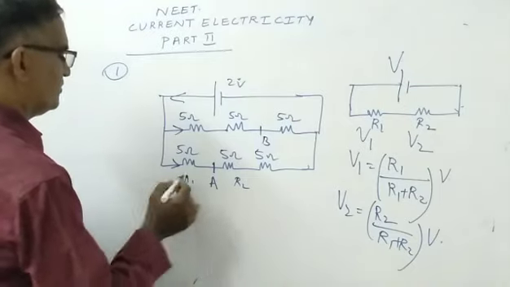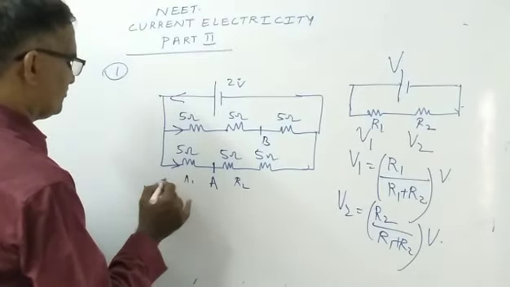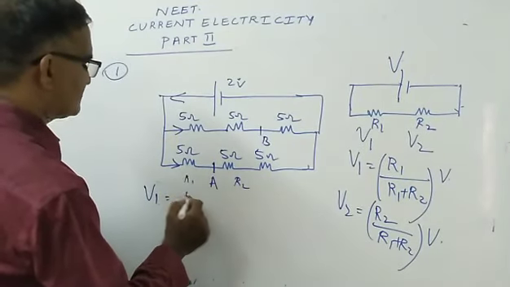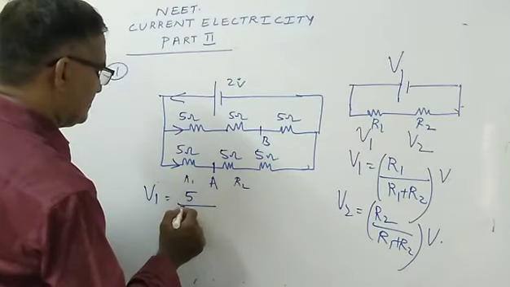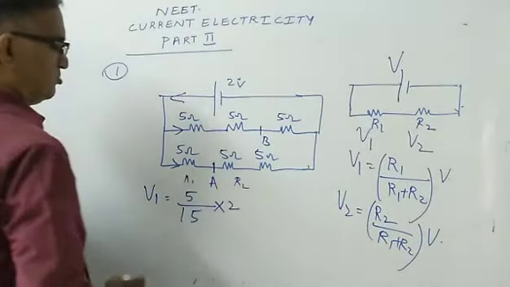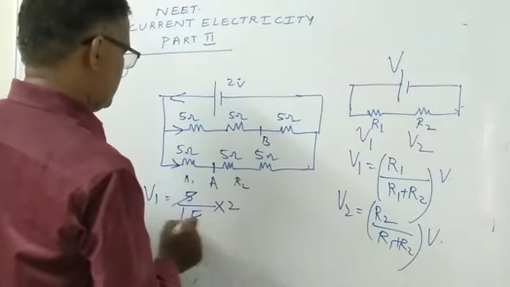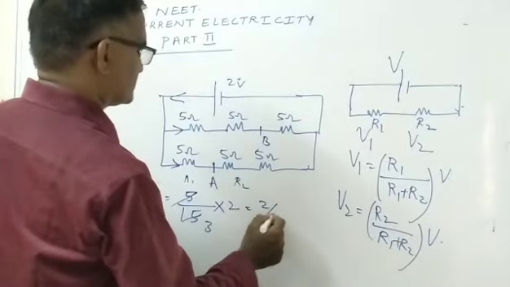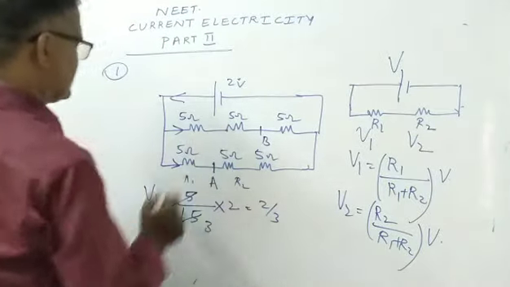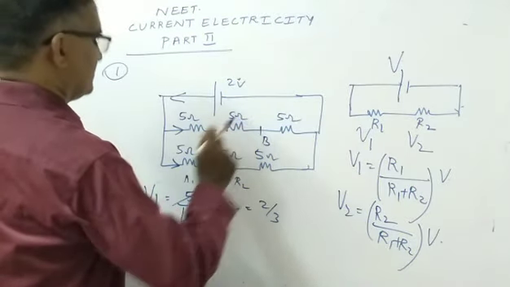So for the potential difference here, V1 we will take. Now here R1 is 5 by 15 into 2. 5 by 15 into 2. What you get here is 2 by 3 volts. Okay. Now second case, what do you have? V2 here. Now V2 means this is 10 by 15 into 2. How much do you get here?